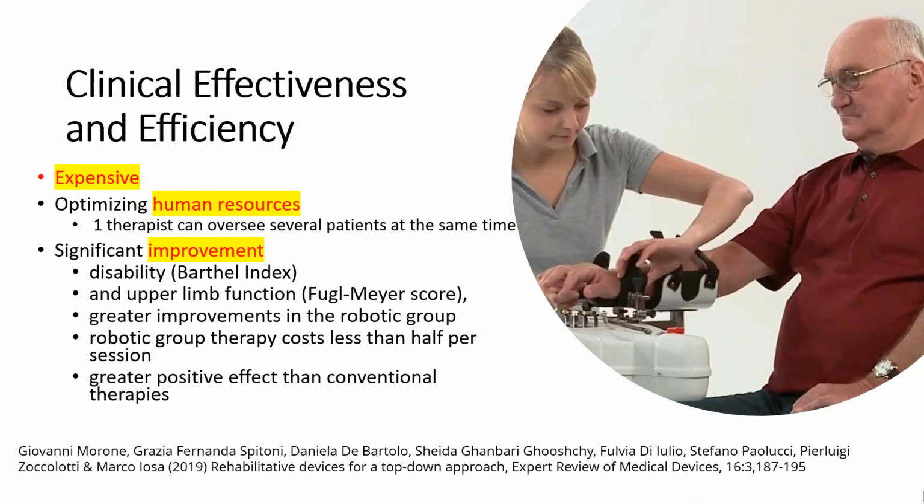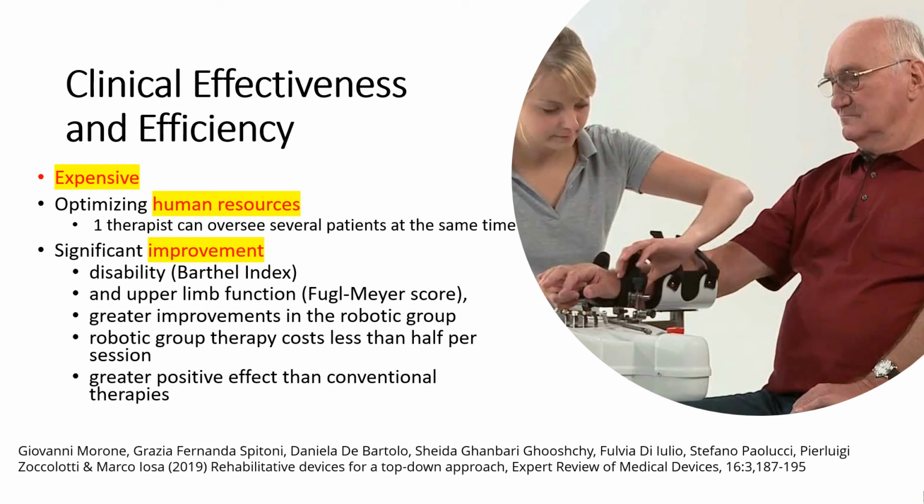Some of the studies have shown one of the great drawbacks is the expense of these devices. However, with improving technology and the use of a subscription-as-a-service model for payment, it is possible to reduce the cost and make it more accessible. They are clinically effective and they are efficient.